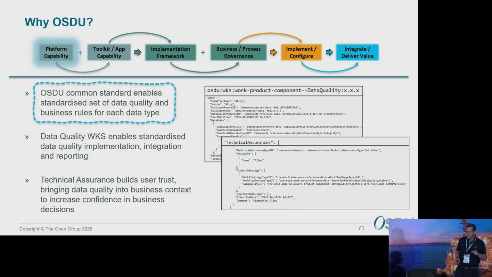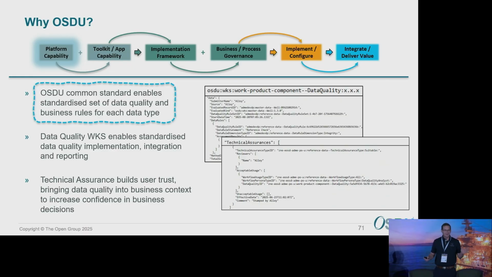We talked about it a little bit in the last one, but essentially, data quality, business rules, and technical assurance are some of the key metadata that we want to be able to capture. Now, using the well-known data schemas, we can actually capture some of the data quality results from evaluating each of the data quality rules. And it standardizes the way that we implement, integrate, and report data quality.